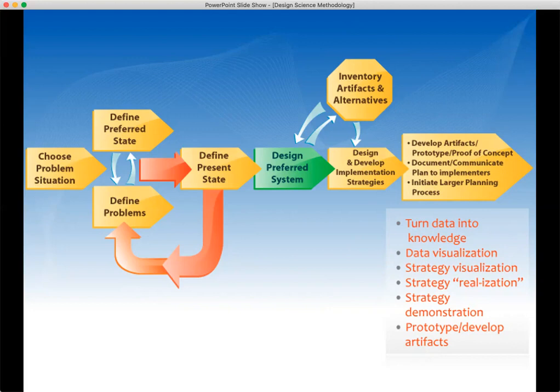Another part of this is to document the results of the preceding process and communicate the plan to the people who might be able to take it and run with it, scaling it. Some of the output might be a business that could meet the needs that you're trying to meet, to get to the preferred state.